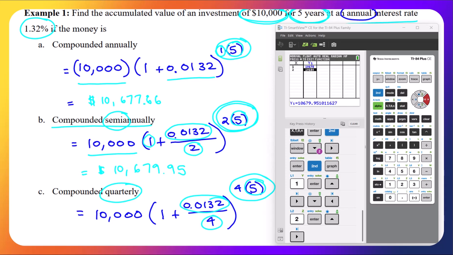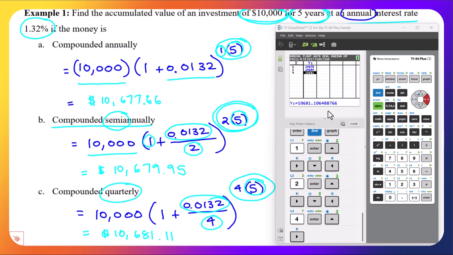Lastly, if I go down and to the left to the next x value, and if I do it quarterly, it's 4 times per year. Enter. Go on top of that answer, and we see that we have $10,681.11.